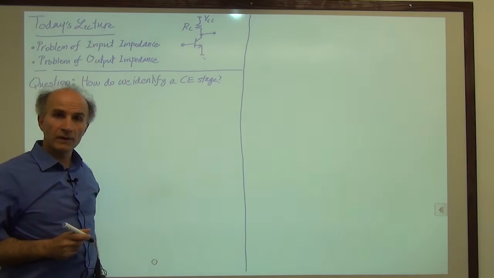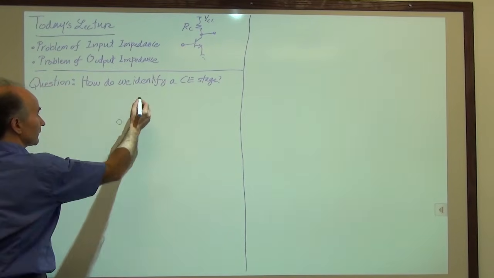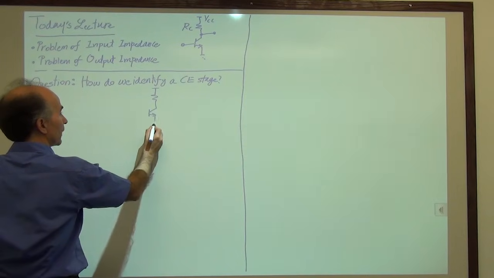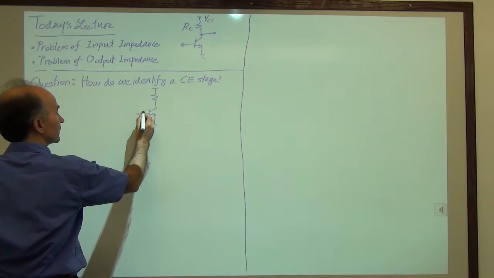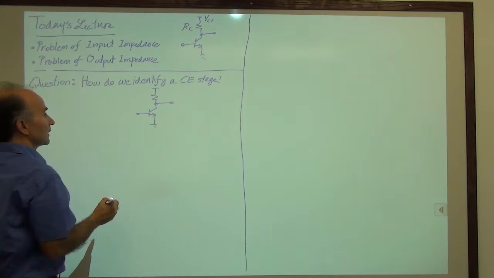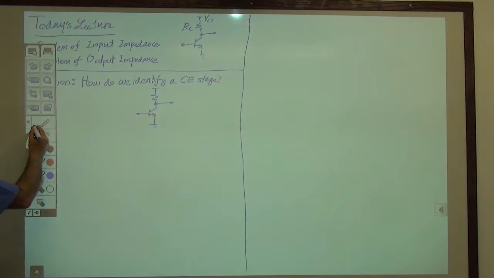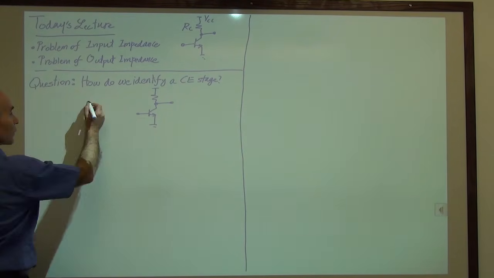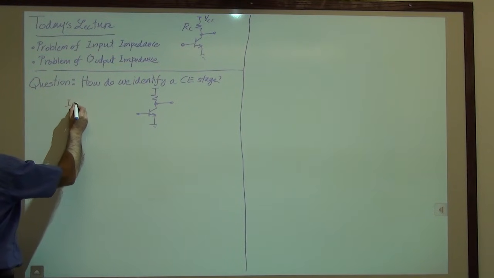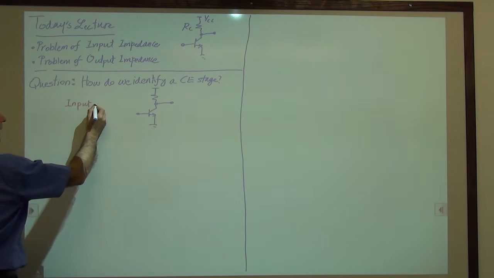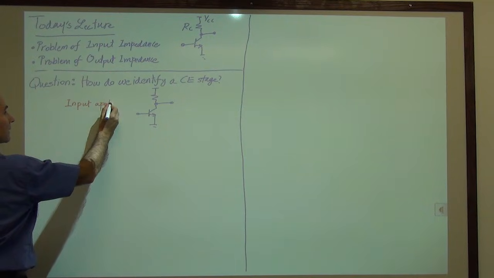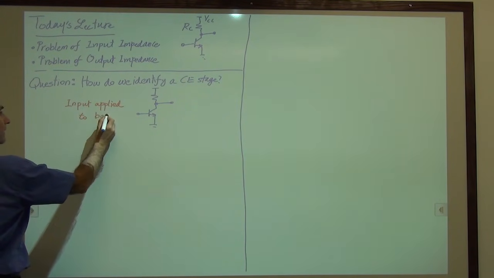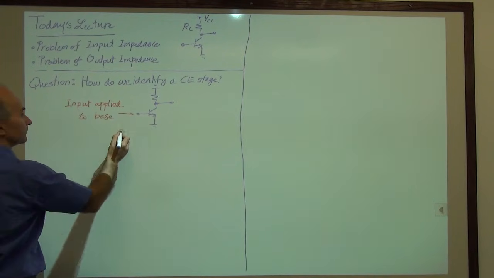So a CE stage is defined as follows. I will draw it and I will show you how it's identified. So let me change the color of my pen to emphasize. We say input applied to the base right here.